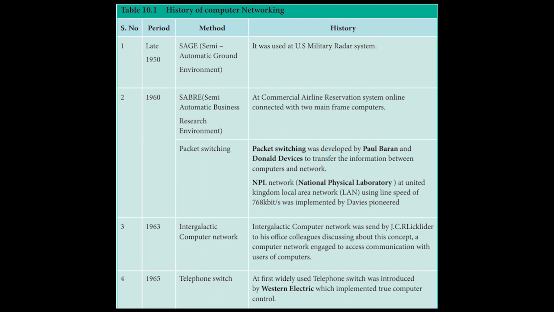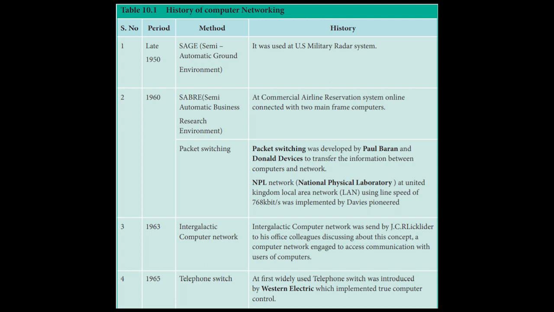In the same year, we had another method, packet switching. Packet switching was developed by Paul Baran and Donald Davies. This is used to transfer information between the network and computers, right?